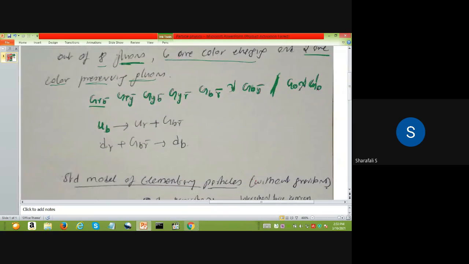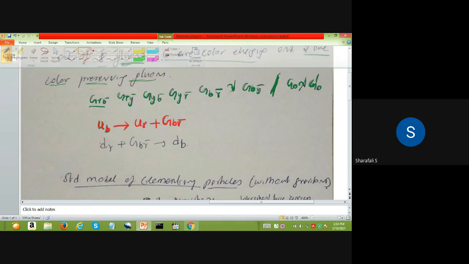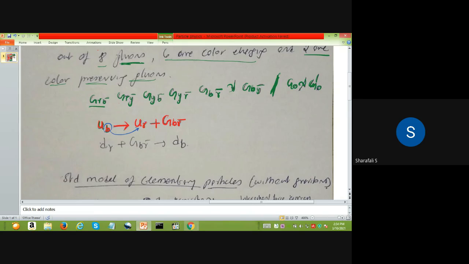And then if you consider this up quark here, this up quark with the blue color, now that up quark with the blue color decays into an up quark with red color, with the emission of a gluon with blue and R bar. So this blue is replaced, changed to red, so that we have a gluon with blue and R bar, that is anti-red.